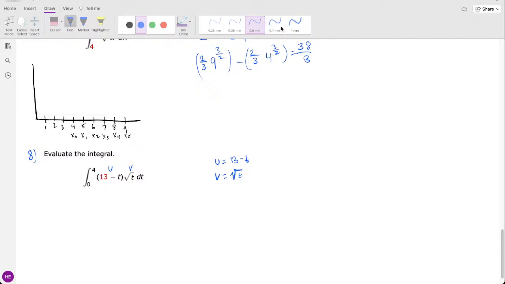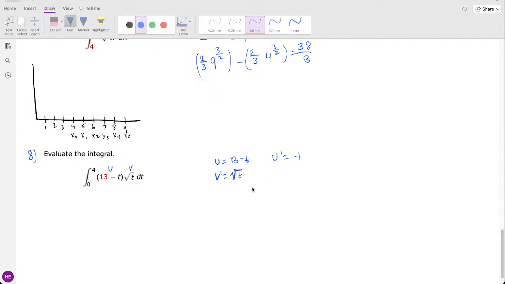And then for U, you need to find U prime. That'd be -1. Maybe that's wrong though. And then in a way, it's saying that this is already like V prime.